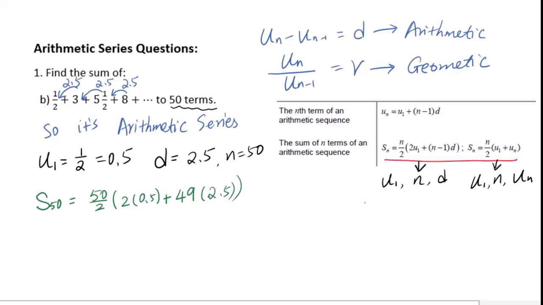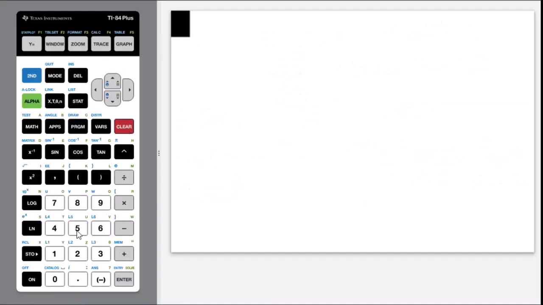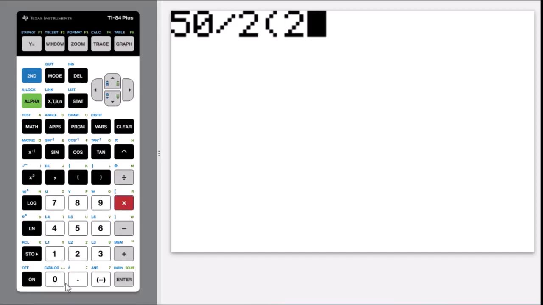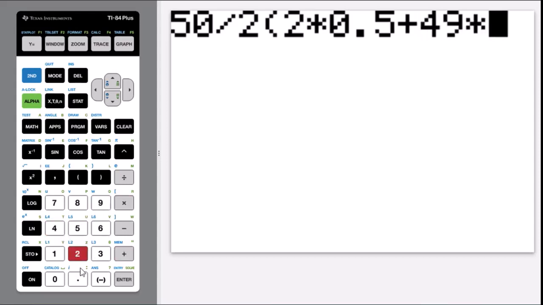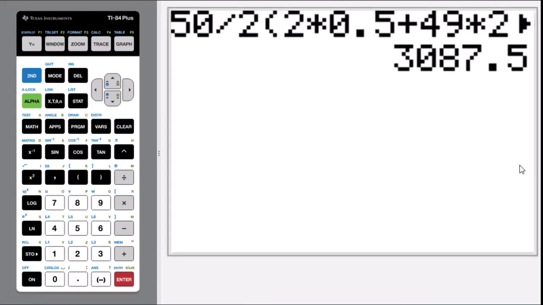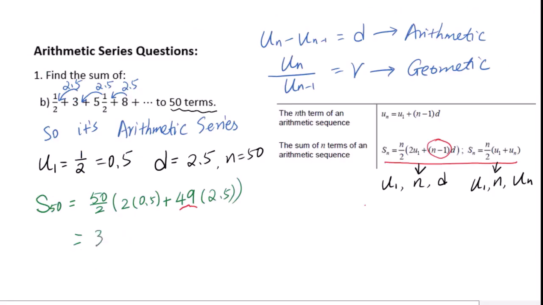Now we put it into a graphing calculator: 50 divided by 2, we can use this slash line, times 2 times 0.5, plus 49 times 2.5. Then enter. The answer will be 3087.5. If your answer is a limited decimal, please write down the full answer. The answer is 3087.5.